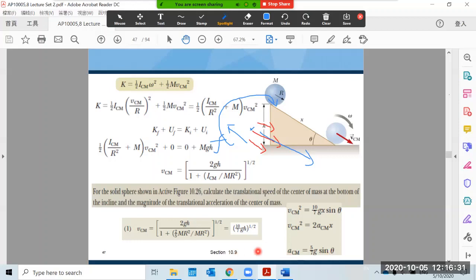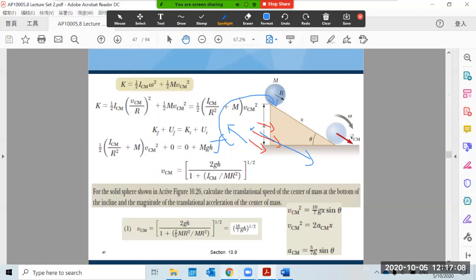Actually, you could do the calculation as well. It has an initial velocity equal to 0, and a final velocity V_CM given by this one. So you could find out the corresponding acceleration. V_CM equals this one, just to show you the connection between theta and V_CM.